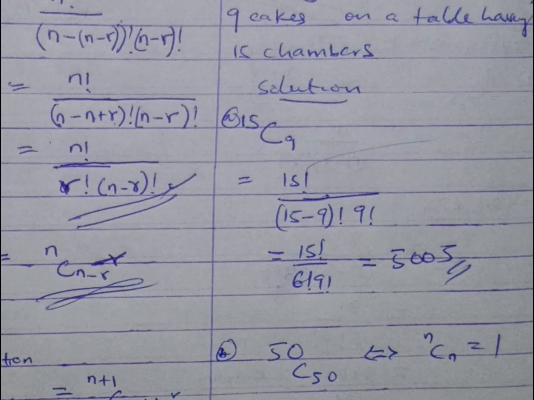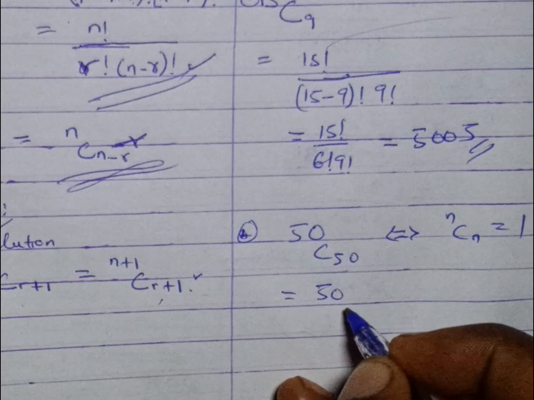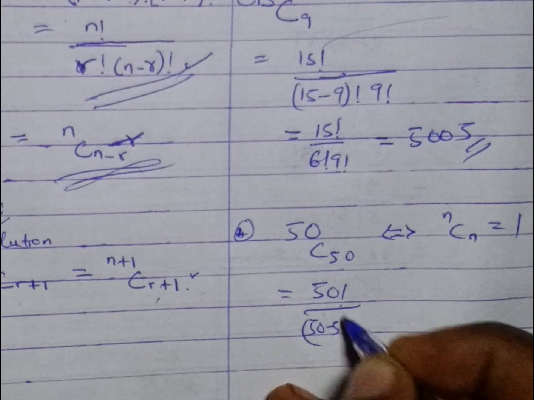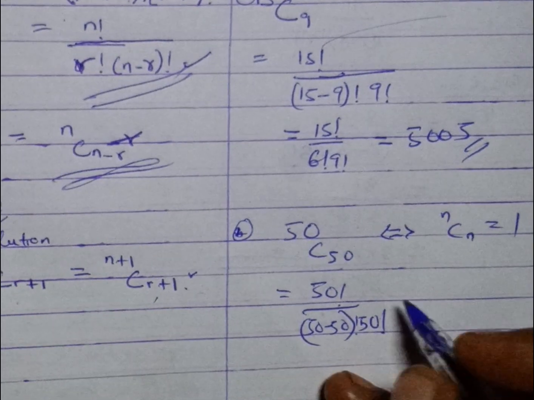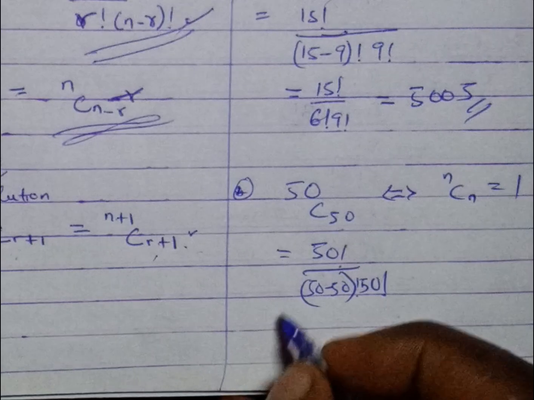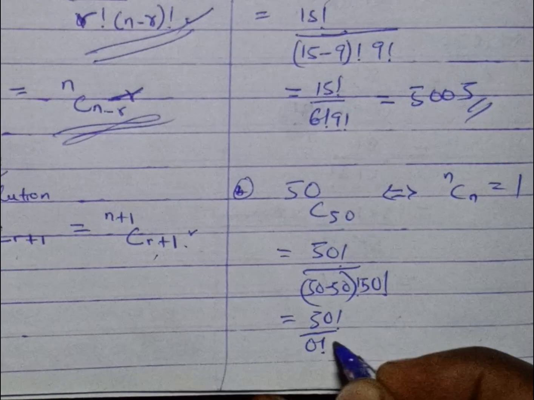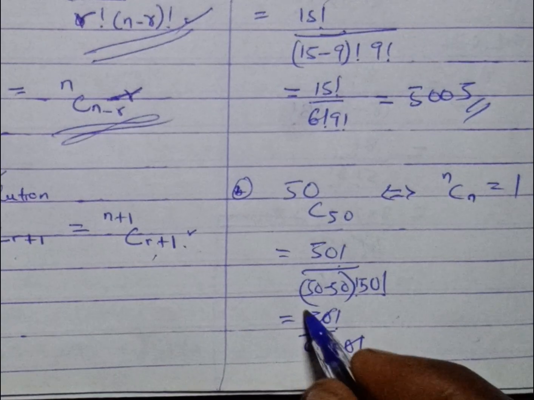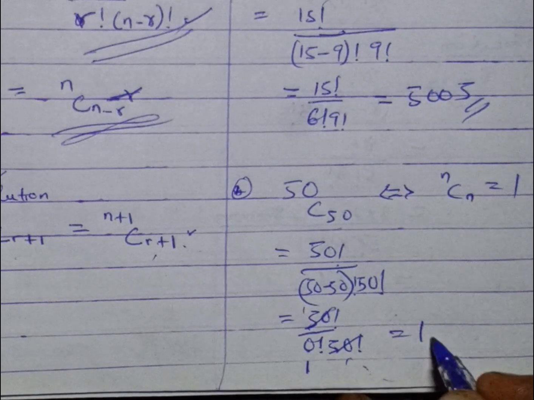But if you want to solve it, that's 50 factorial over 50 minus 50 factorial, 50 factorial. That will give you 50 factorial over 0 factorial, 50 factorial. This cancels out with that, 1, 1. 0 factorial is always 1, so our answer is 1.